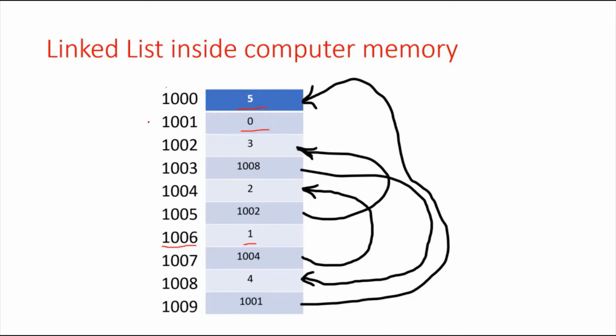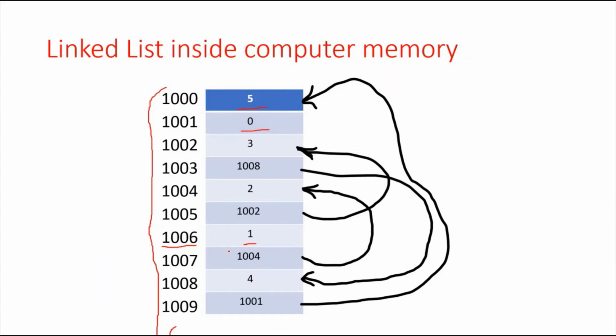These are only dummy addresses. It is not the actual representation of addresses, but I have just taken 1000 to 1009 to give you a proper understanding of how a list is actually stored inside the computer memory. Addresses of each element are in hexadecimal, but I'm just giving you these for understanding purposes.